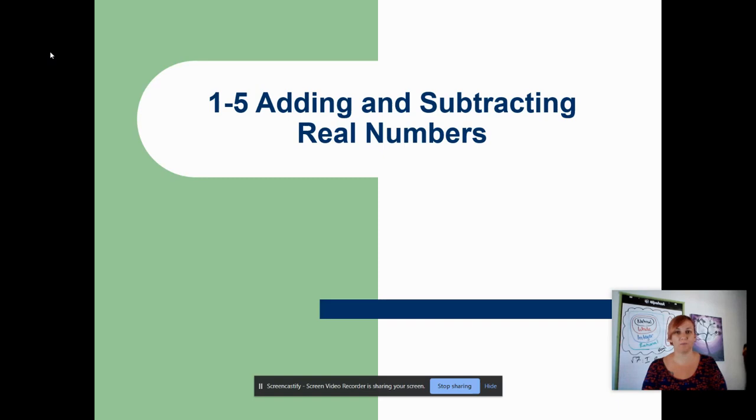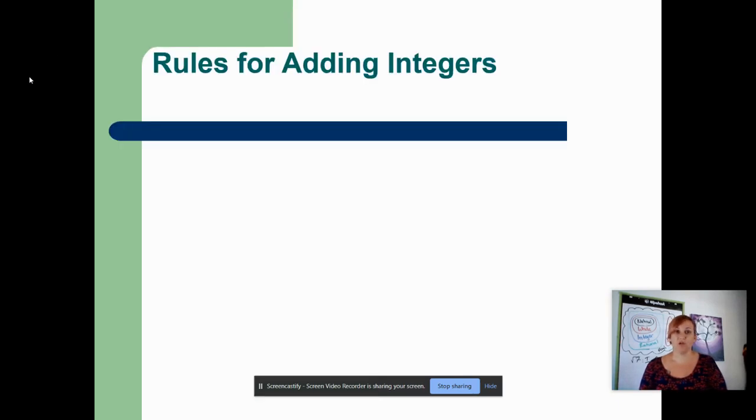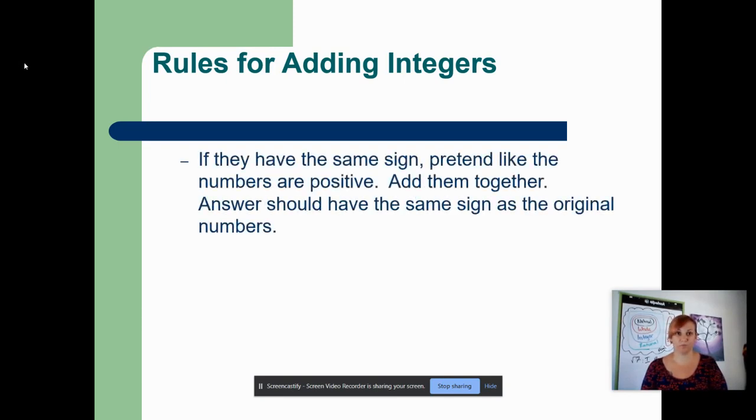So that's what we're going to talk about in this video, how to predict what type of answer you should be getting. We're going to start by talking about the rules for adding together integers. Our first rule for adding together integers is if you have two numbers that have the same sign, they're either both positive or both negative, then in our head, we're going to pretend like they're both positive and we're going to add them together.